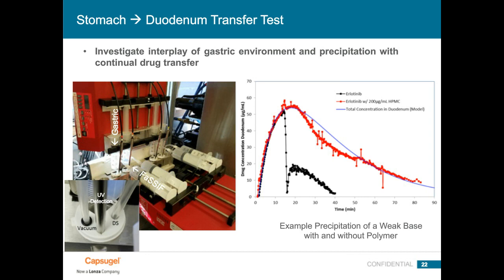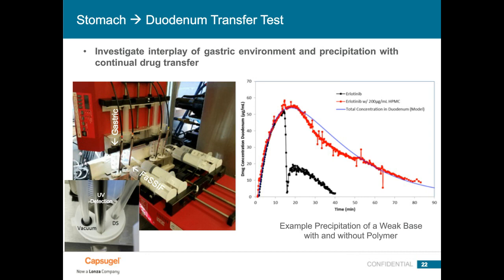In this picture, there are some vertical syringes, which are our artificial stomachs. And then there's a little cell that material is transferred into, which is our artificial duodenum, that we keep at a constant volume while we continually flush new gastric fluid or FaSSIF into that chamber.